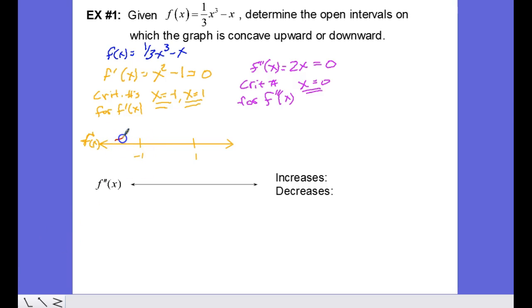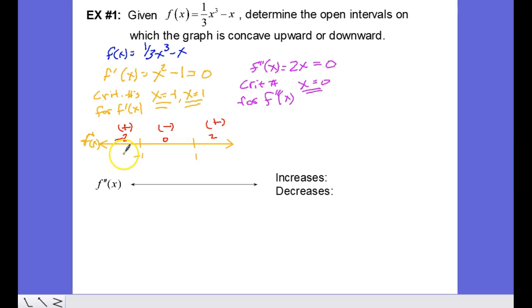So this would be our test value, and 0 between -1 and 1, and let's say 2 to the right of 1. So plugging in, we have a positive value for the first derivative. We have a negative value when it is between -1 and 1, and we have a positive value when it is to the right of 1.